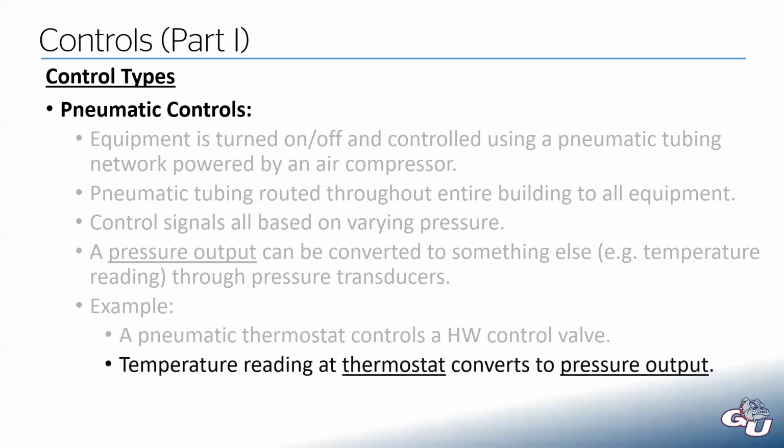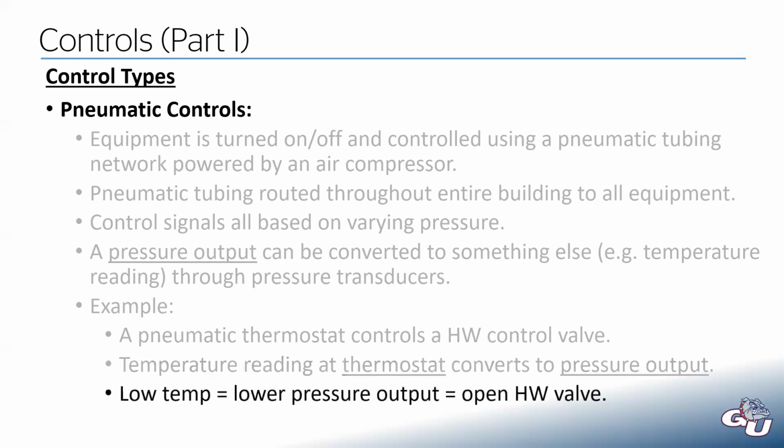The temperature reading, so the actual temperature of the room that that thermostat is in, a pneumatic thermostat can take that temperature reading and convert it to a corresponding pressure output. So if you have a low temperature in the space, that could mean your thermostat will output a lower pressure, a lower PSI on the output side.